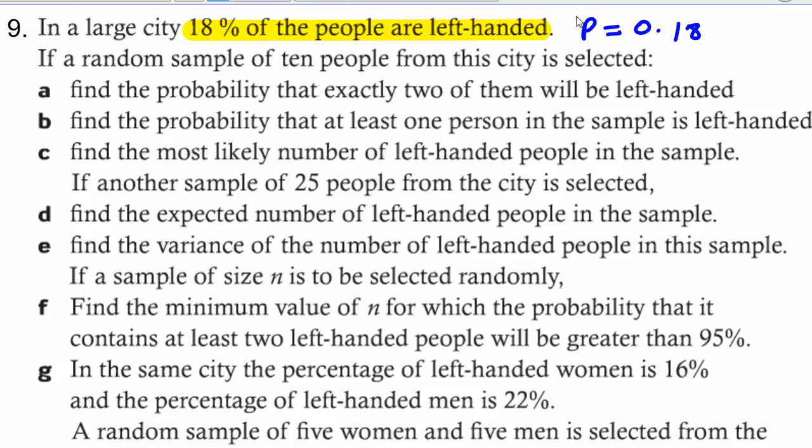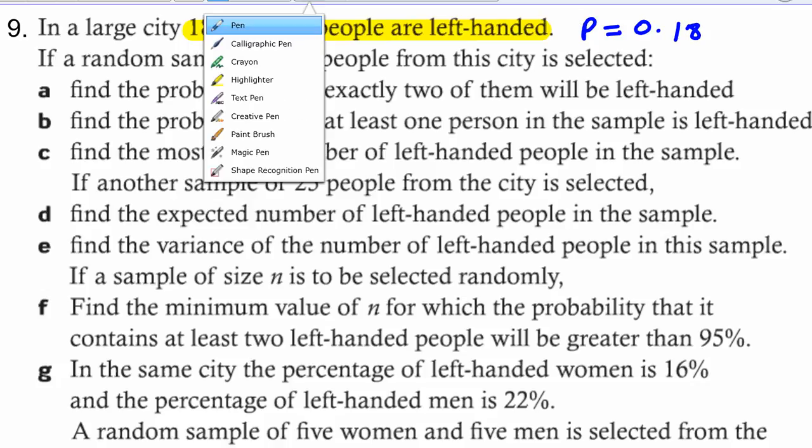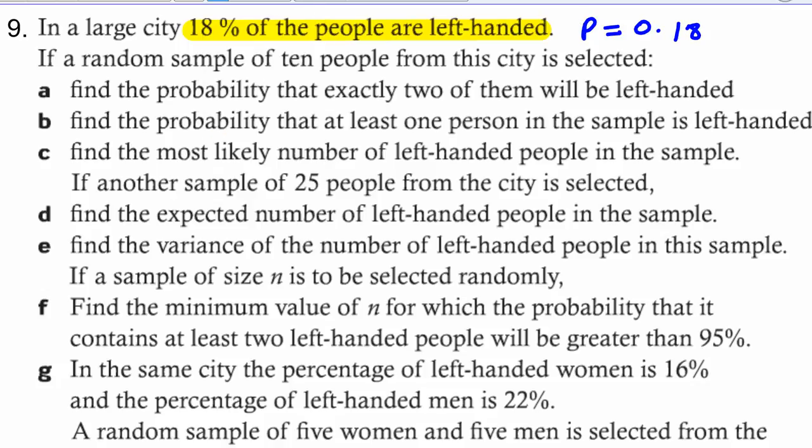In a random sample of 10 people, the sample of 10 people means that n will be equal to 10 from the information that we have. So, find the probability that exactly 2 of them are left-handed.